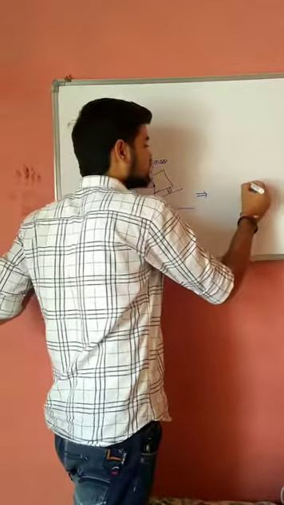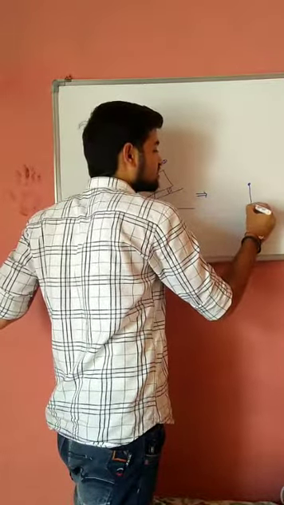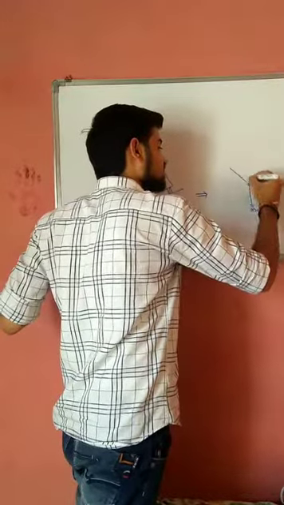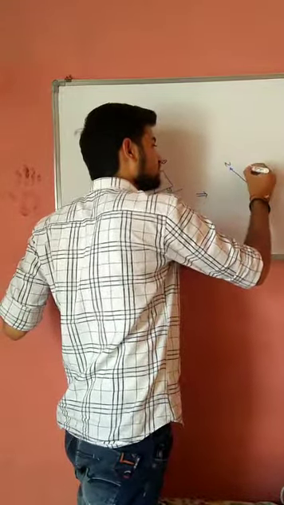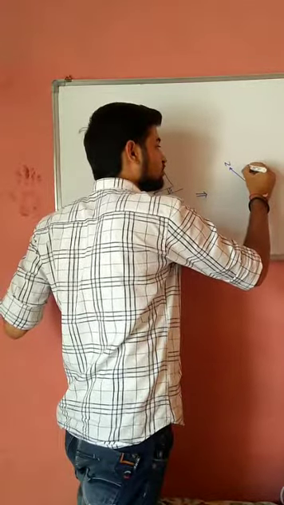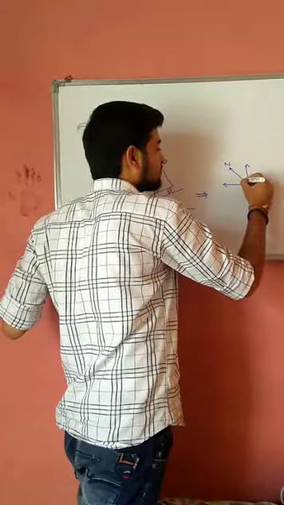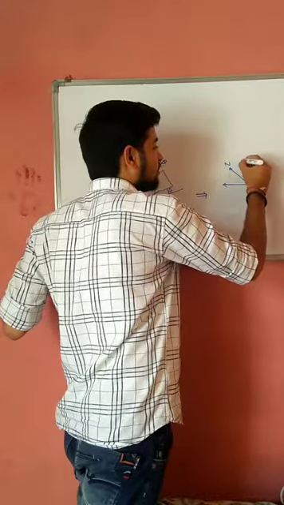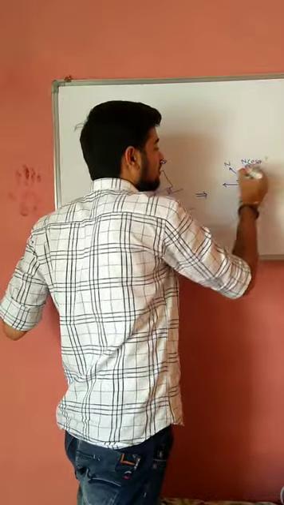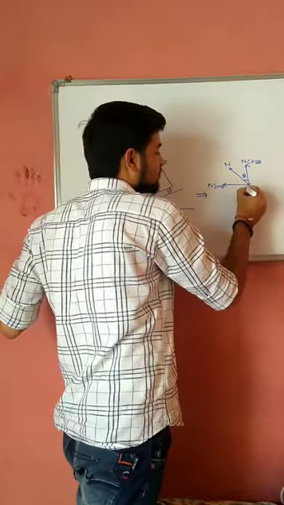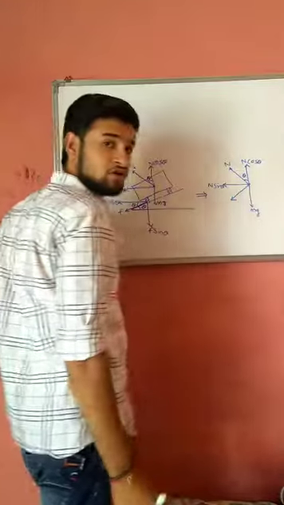Suppose this is the center, from this is the weight of the vehicle mg, this is the normal reaction exerted by the road on the vehicle, this is the vertical component of the normal reaction, and this is the horizontal component of the normal reaction, that is n cos theta and n sin theta. This is the frictional force which lies in the third quadrant.